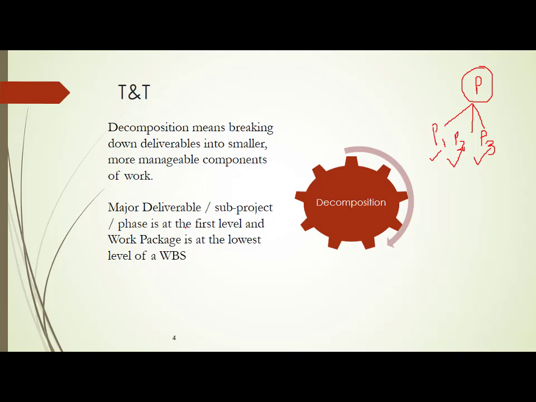They are all sub projects. So this is what you mean by decomposition. Decomposition basically means dividing the problem into a number of sub problems and attacking each problem individually so that you arrive at a solution. Now this is exactly what we do in a work breakdown structure.